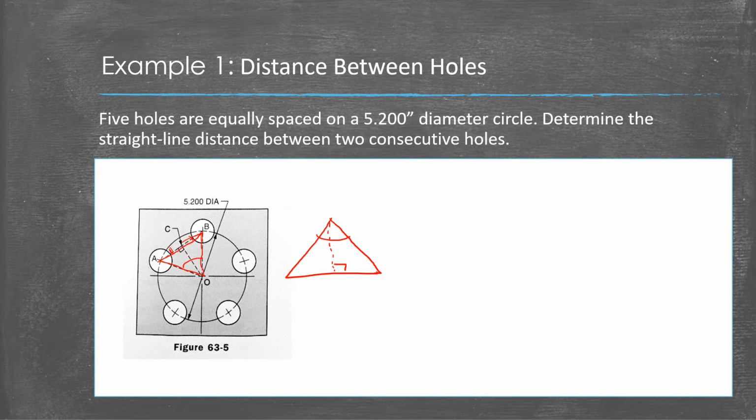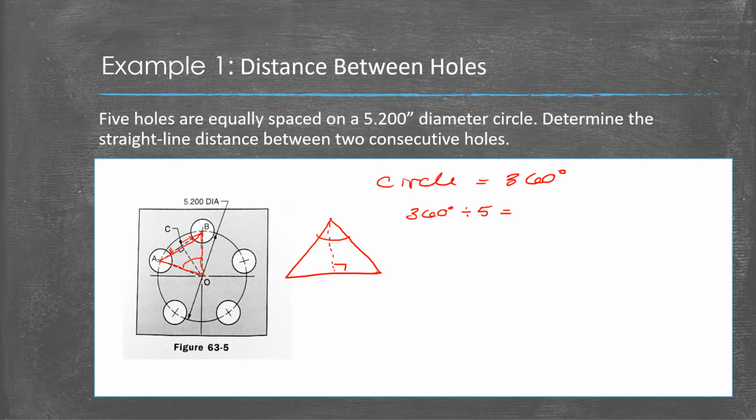So we know a circle is 360 degrees. If we have 5 triangles connecting in a circle, and these points are all connecting, the angle at the top of each triangle is going to be 360 divided by 5.